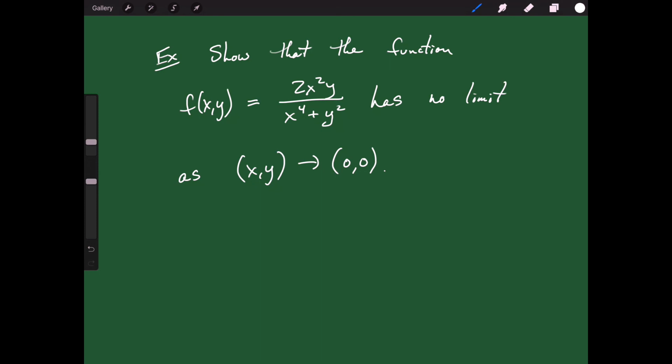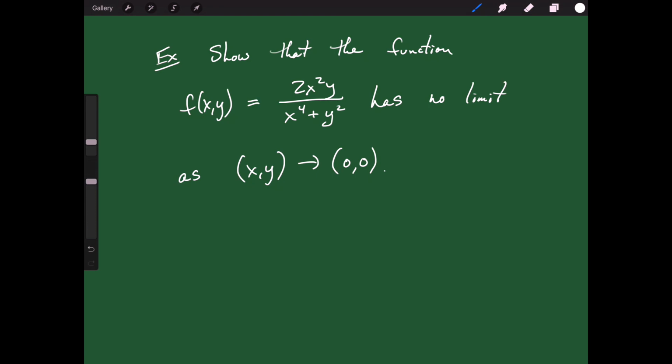Okay, so we have to choose what direction this thing walks along. I can choose any path that goes through the origin. I just have to decide what path is going to be the most helpful to me. What I see here is I've got some x squareds in my original function, and I have some y's.